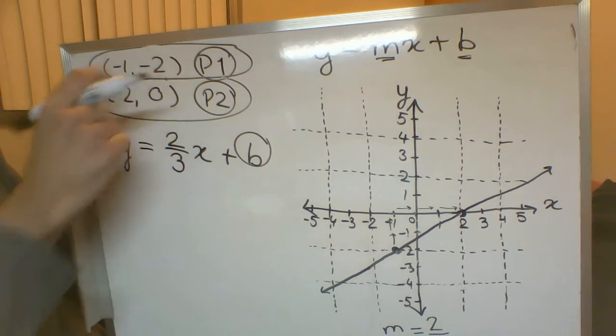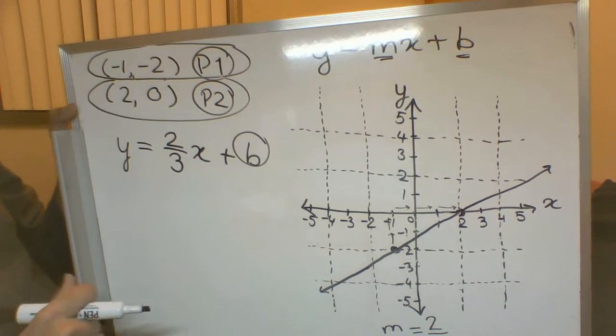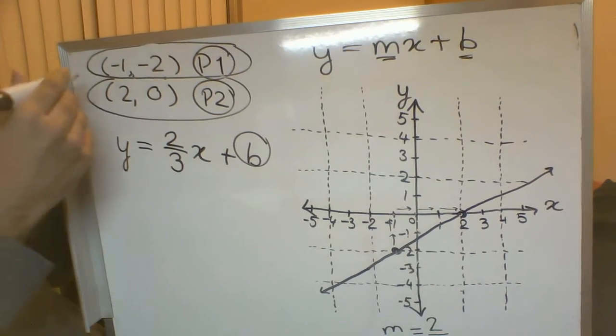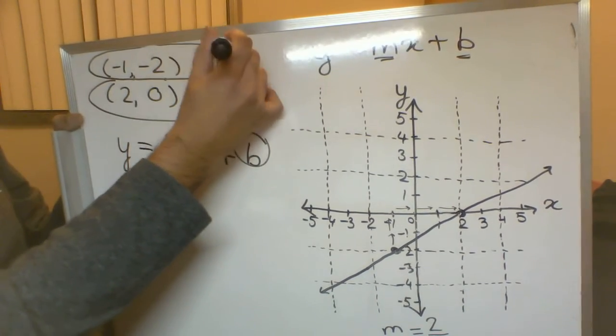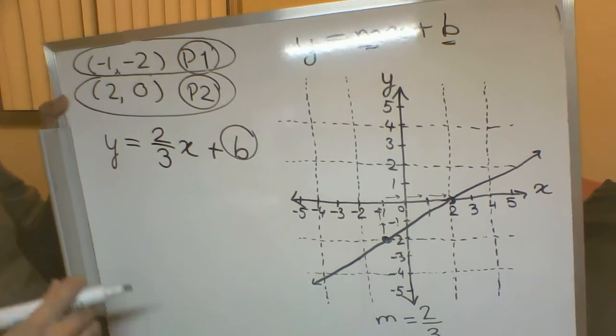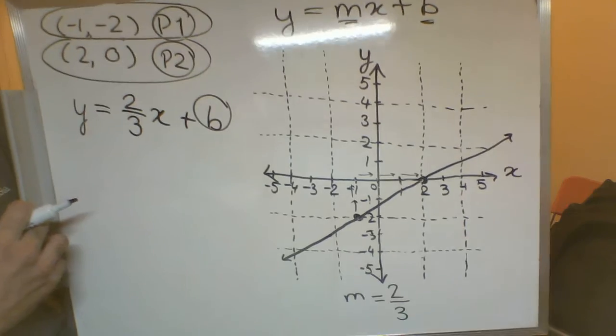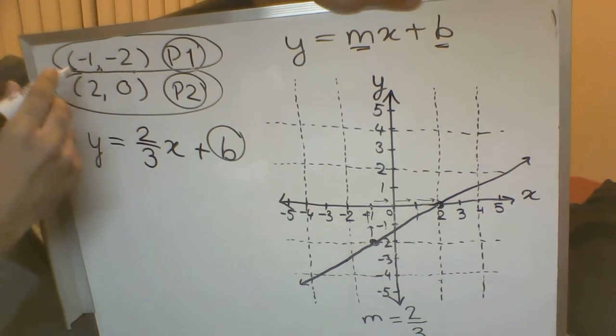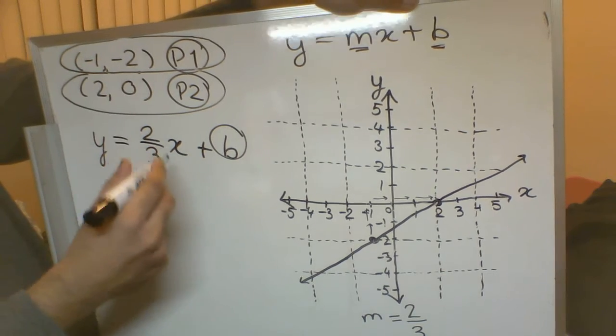And I'm going to show you how that works. So just to give you a full idea of how this works, we're going to take point 1, even though it's technically the more complicated point. I'll show you the same thing with point 2 afterwards if we've got enough time. But we'll take point 1, and we'll plug its coordinates into the equation.